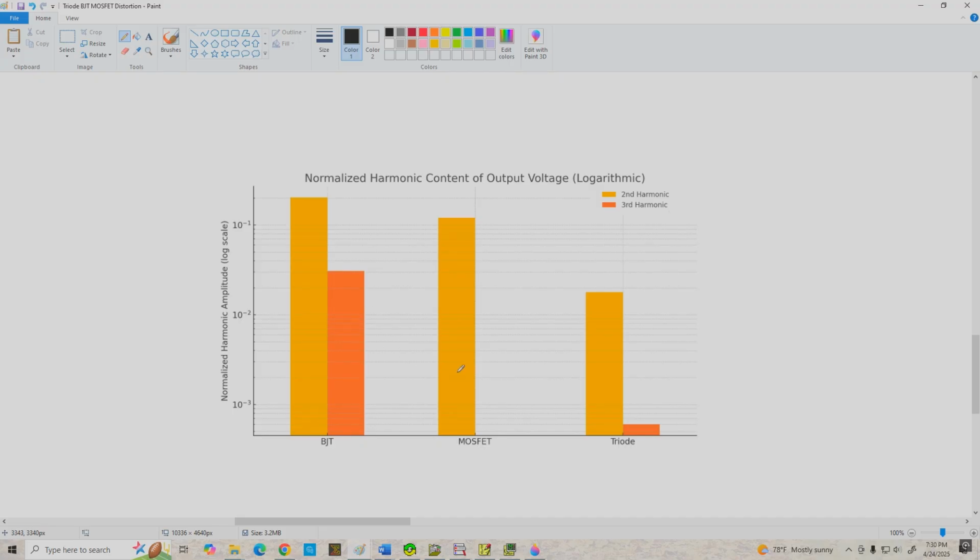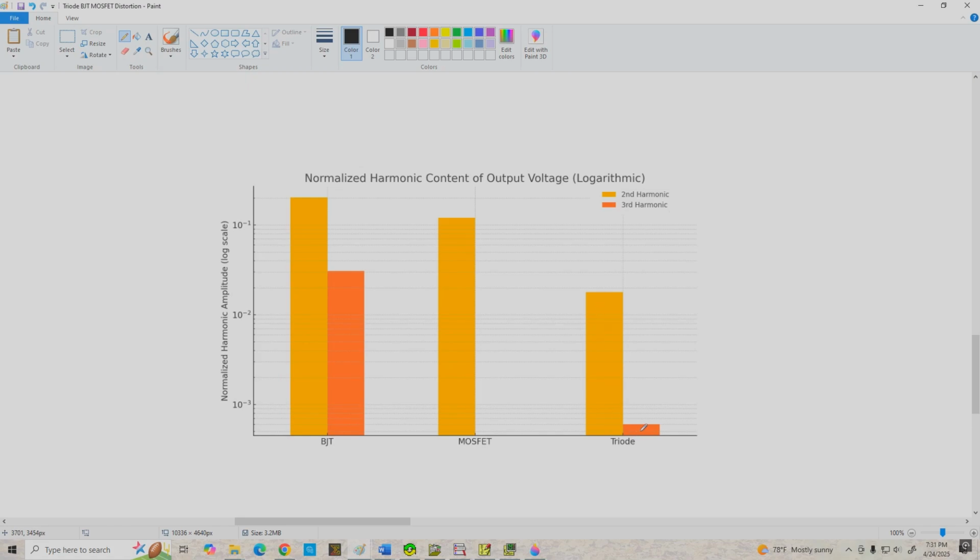The MOSFET ideally has no third order or third harmonic distortion, but we know there's going to be some there. But the thing to notice here is that it does have relatively lower second harmonic distortion compared to a BJT, and that's why it's a more linear device. And then finally, we've got the triode, and it's got the lowest harmonic distortion levels, all things considered.